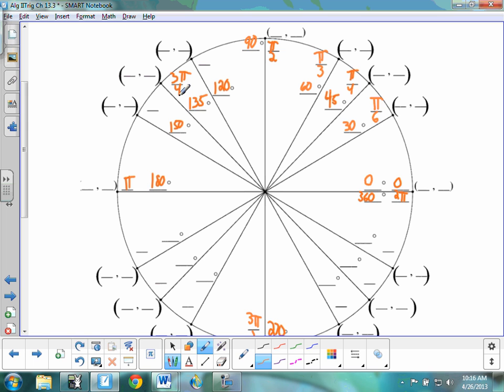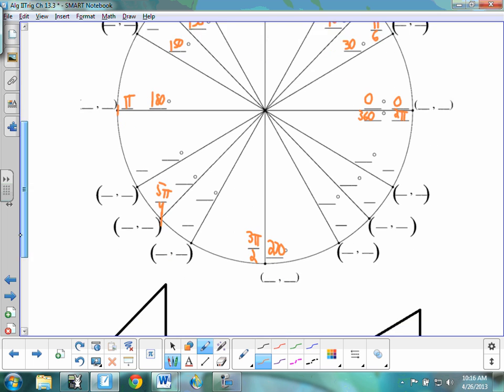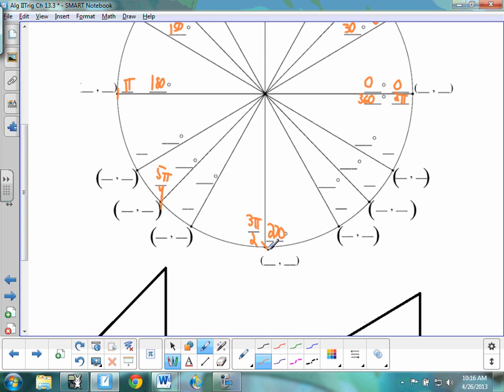It's like, if this is 1 pi over 4, and this is 2 pi over 4, and this is 3 pi over 4, and that's 4 pi over 4, so this one's going to be 5 pi over 4. And this one down here at the bottom is 6 pi over 4. So this is going to be 7 pi over 4. And this is 8 pi over 4, which is the same as 2 pi. Just count by your fractions.